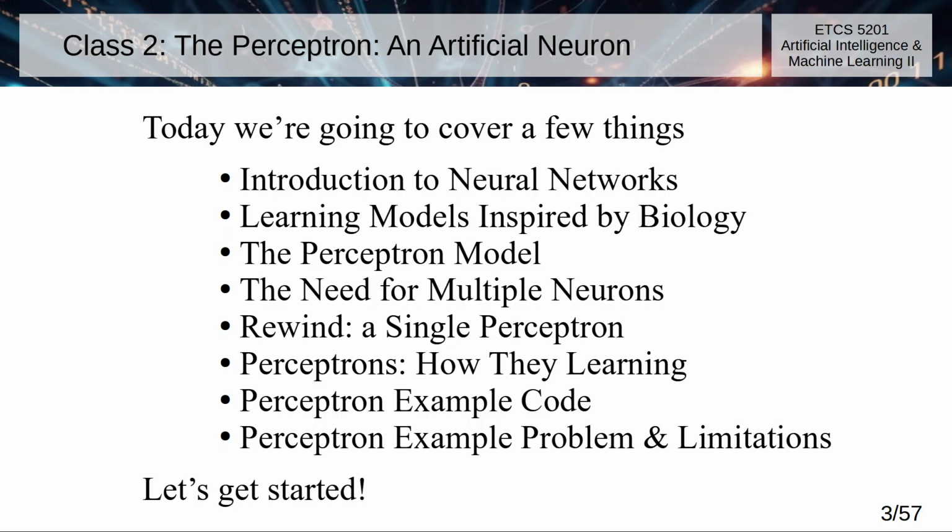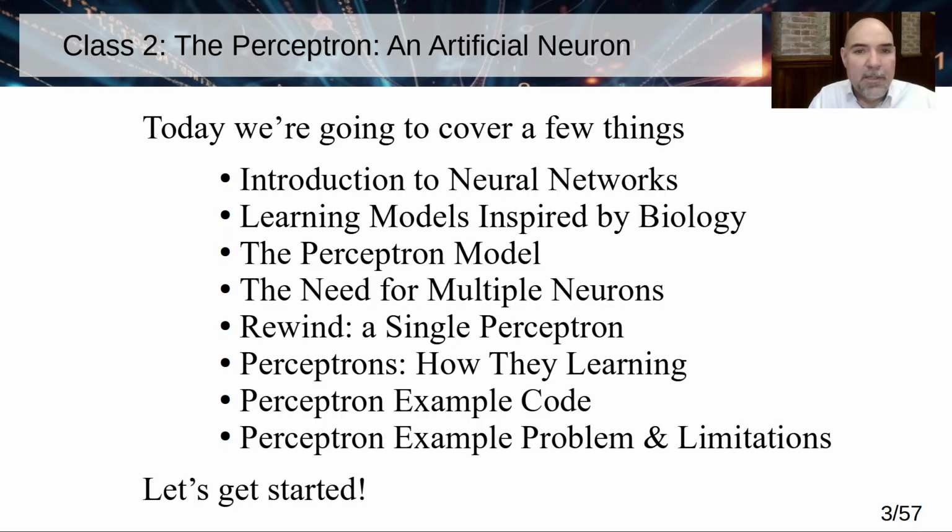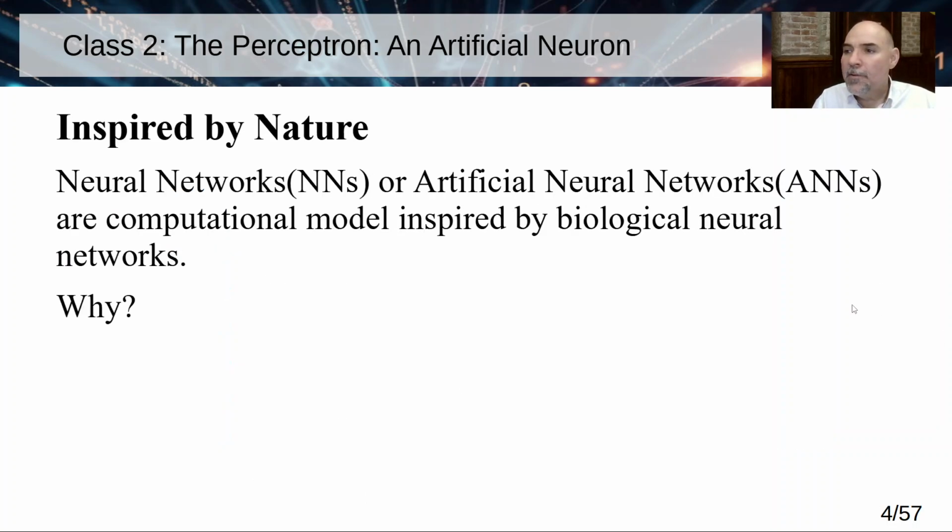Now, let's dig into this material a little bit further. So first thing is neural networks themselves, sometimes called artificial neural networks. They're a computational model that was inspired by biological systems, biological neural networks.